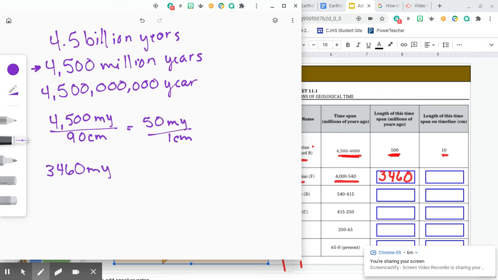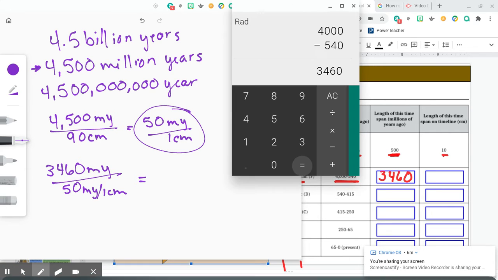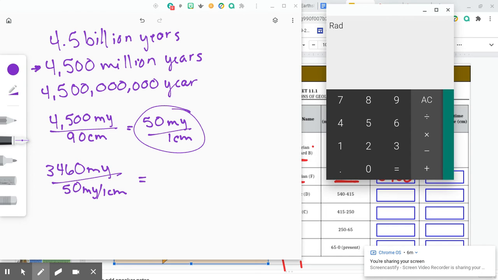It would be 3,460 million years. This is a rate, so we're going to divide this by 50 million years per 1 centimeter. And when we do that math, 3,460 divided by 50 is going to equal 69.2 centimeters.